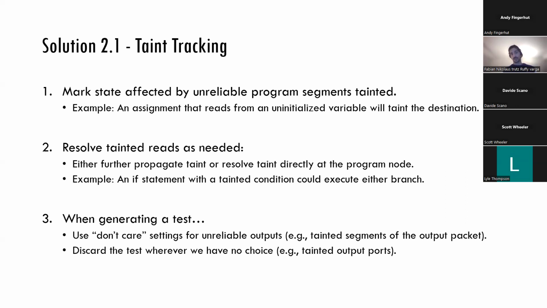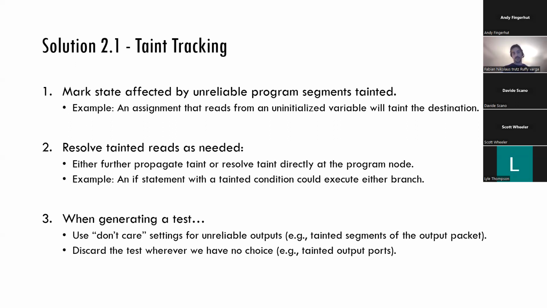So if you have an if statement and the condition is tainted, you could execute either branch, meaning that all the assignments we do in these particular branches in the statement block will produce new taint, and taint will propagate. On the other hand, if you multiply a tainted variable by 0, that taint will disappear because the result is always 0.